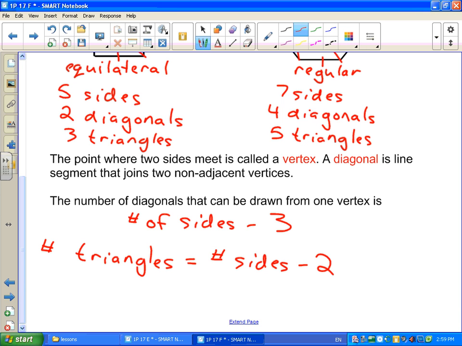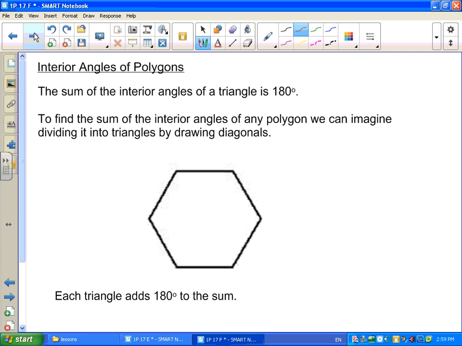Okay? This is how you figure out the sum of the interior angles in any kind of polygon that you have. Okay? So, let's take a look. The sum of the interior angles of a triangle is 180. You guys have used that over and over again.